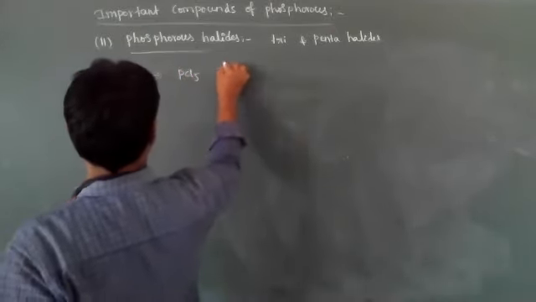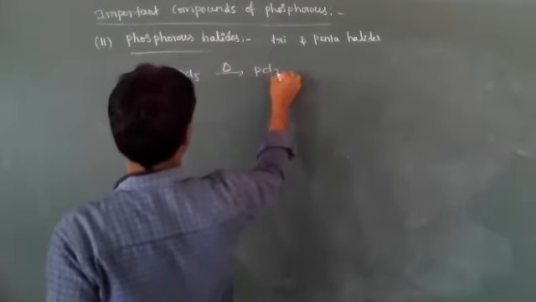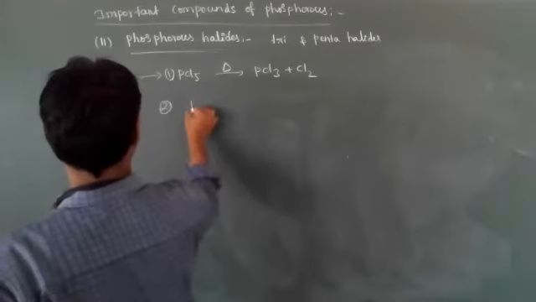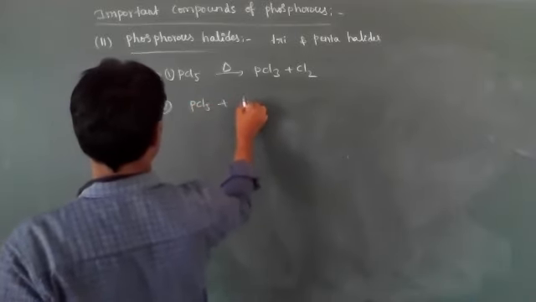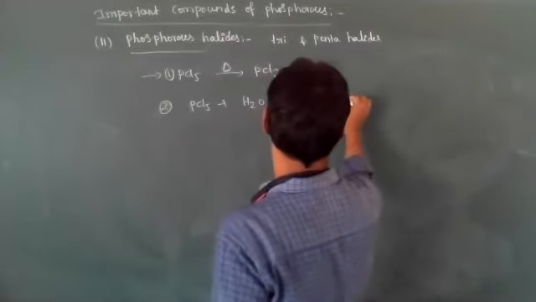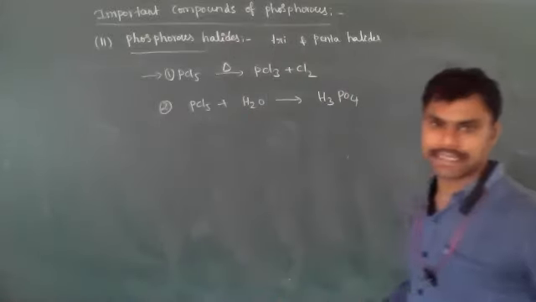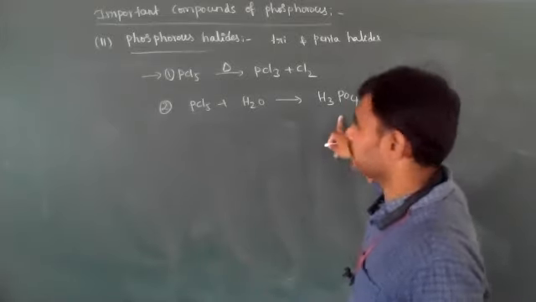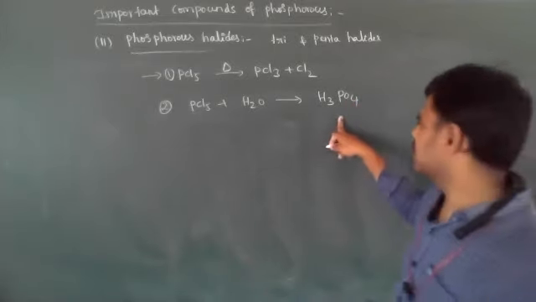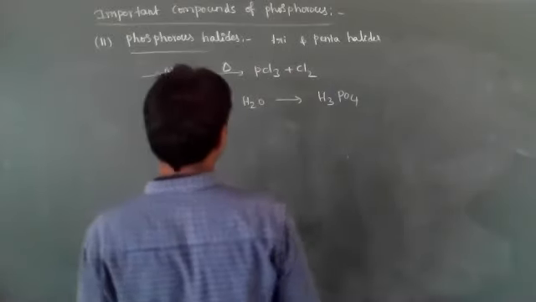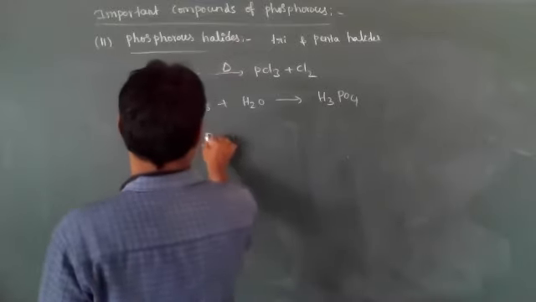PCl5 is unstable; on heating, it is converted into PCl3 plus Cl2. This is the first one. The second one, PCl5 on hydrolysis forms H3PO4, phosphoric acid. Stepwise, how is it formed?